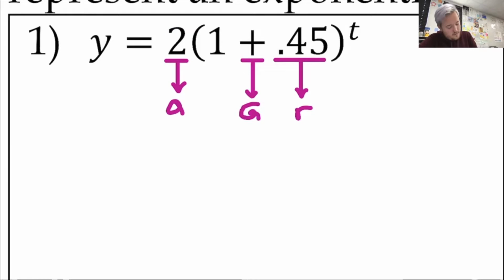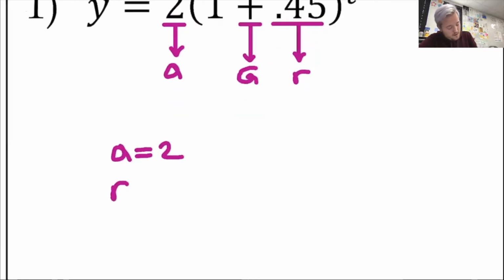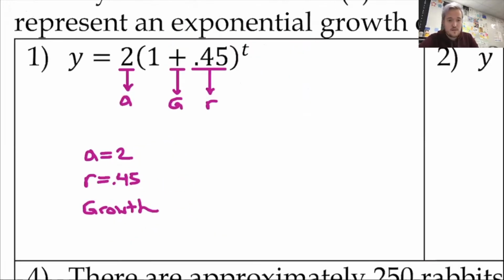So you have an a value of 2, an initial amount, then an r value of 0.45, and we know because it's adding that it's going to be a growth. There's the information for this question.